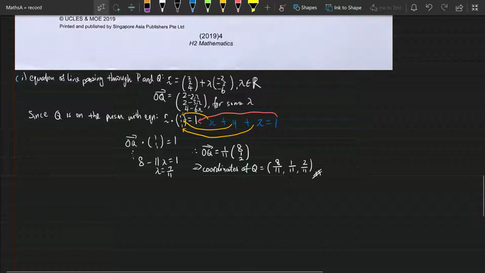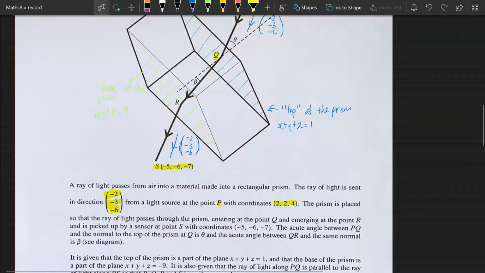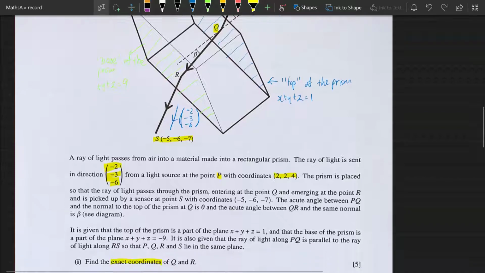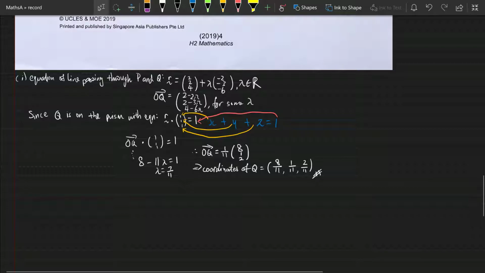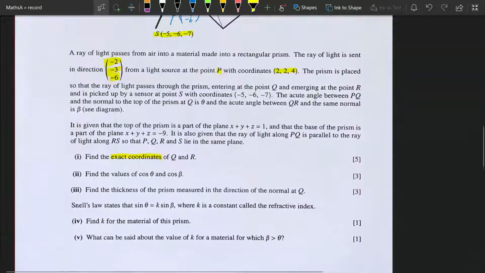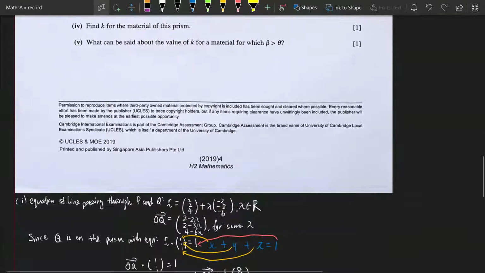Then we can do something similar for the other point that we need, which really means we are finding another vector equation for this line RS, and then we're going to dot it with the base of the prism, this Cartesian equation, repeat the same thing, and we are going to get the coordinates of R over here, this one.